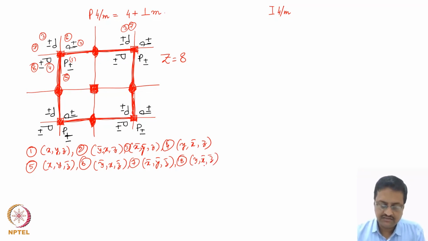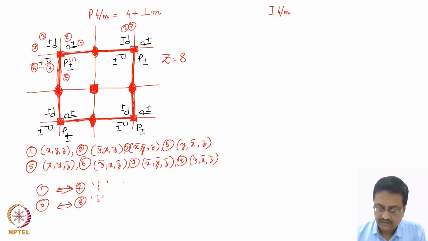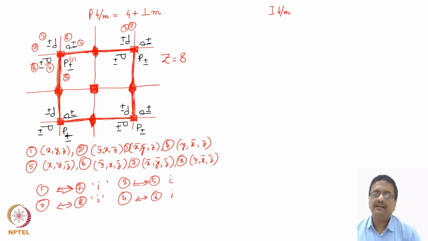So what we see is that 1 and 7 are related by inversion center. 2 and 8 are related by inversion center. 3 and 5 are related by inversion center. 4 and 6 are also related by an inversion center.